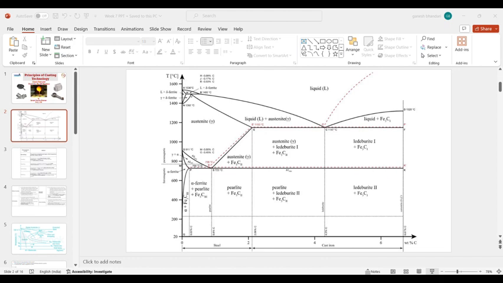Okay, then coming to annealing process. In annealing process also, we have to heat treat our sample beyond upper critical temperature. But the difference between normalizing and annealing process is that in normalizing process, we are taking that sample out from the furnace, but in annealing process, we are not going to take out the sample from the furnace. We are going to cool it down in the furnace itself.